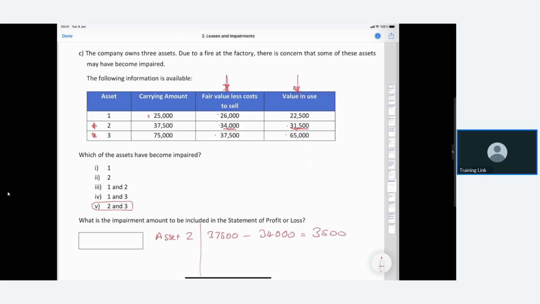So that would be your impairment for asset 2. For asset 3, it would be 75,000 minus, quite clearly, the value in use, because it is the higher out of the two. So 65,000, giving you 10,000. Add both impairment values together to give you a total impairment of 13,500.